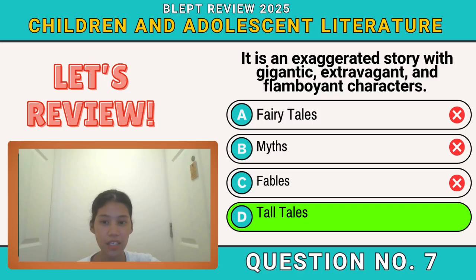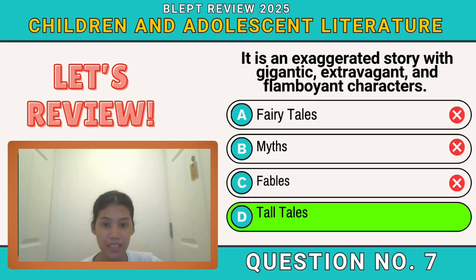Letter A, letter B, and letter C are the distractors for number 7. Letter D, tall tales is essentially an oral form of entertainment. The audience appreciates the imaginative invention rather than the literal meaning of the tales. Letter A, fairy tales are traditional stories written for entertainment, usually with magic and fantastical characters.